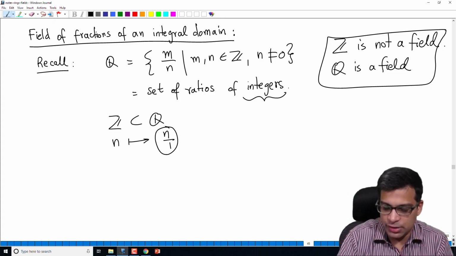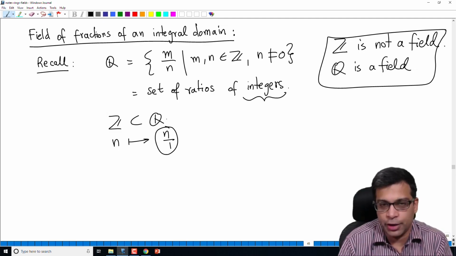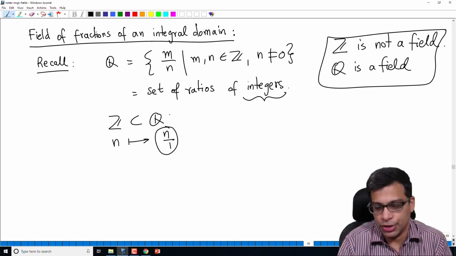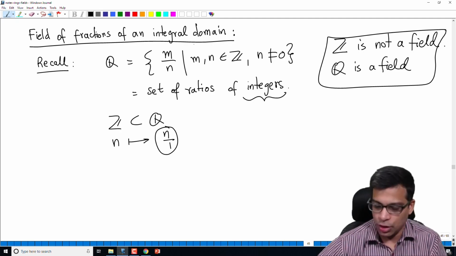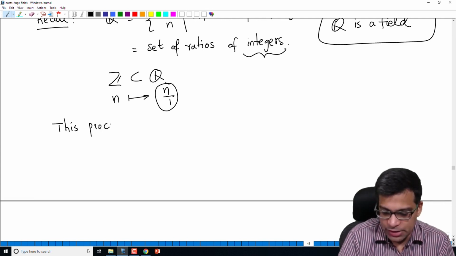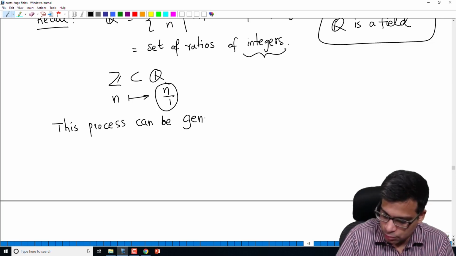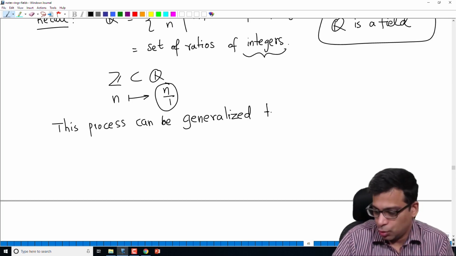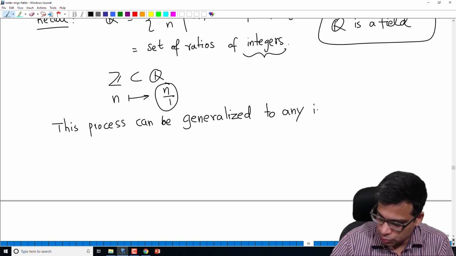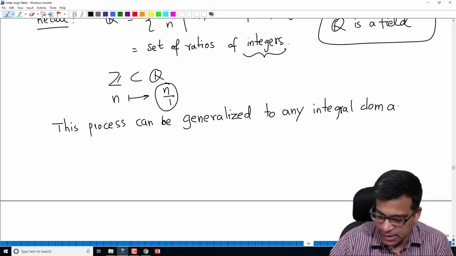So you have an integral domain which is not a field, and you have introduced all the ratios into that set and made it a field. So now this process can be generalized to any integral domain. This is what I want to explain now, and the process is exactly the same.